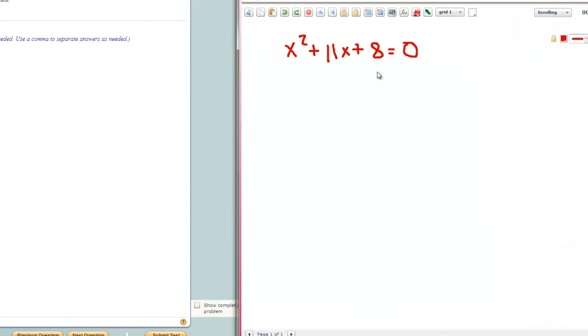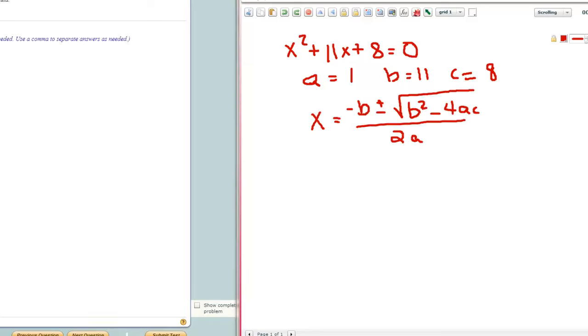So here we go. To use the quadratic formula, we need the a value. A value is 1. B value is 11. And C value is 8. So over here, we have the a, b, and c, and we have to plug them into the quadratic formula. So let's go ahead and plug it in.